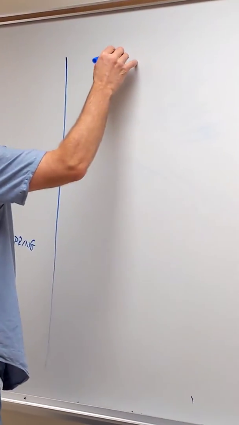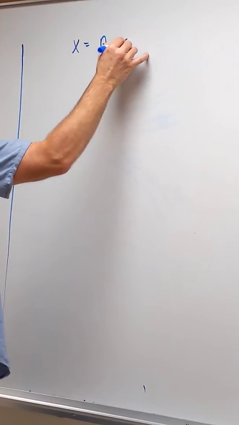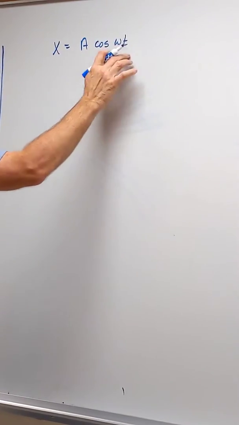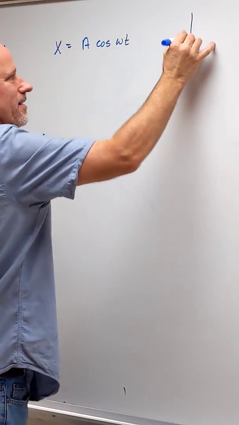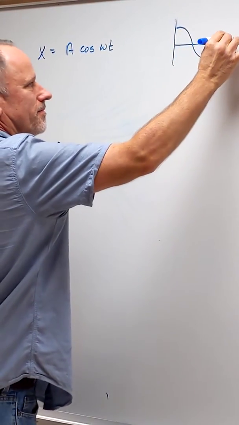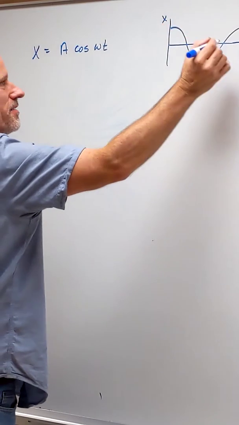So in terms of position, I believe we started out typically with cosine omega t, yes? Yeah. A cos omega t, and that looks something like this. If I were to sketch it, this is position versus time.